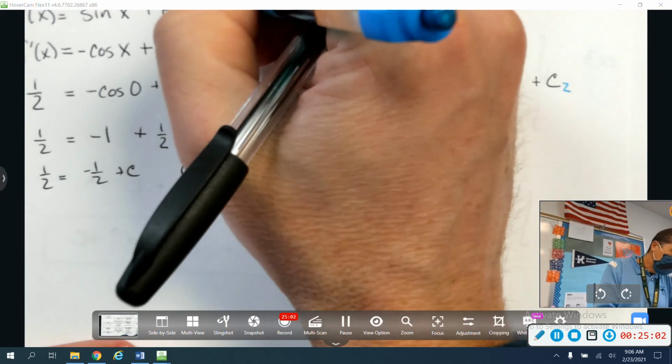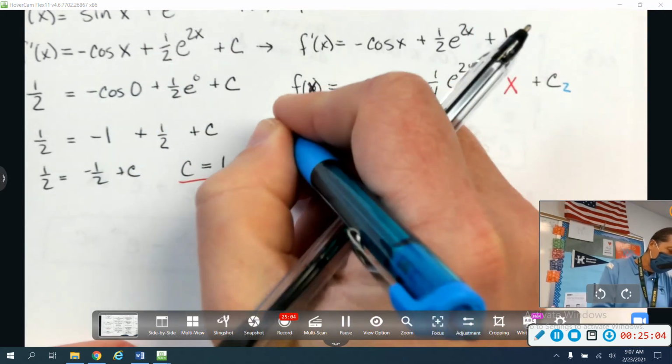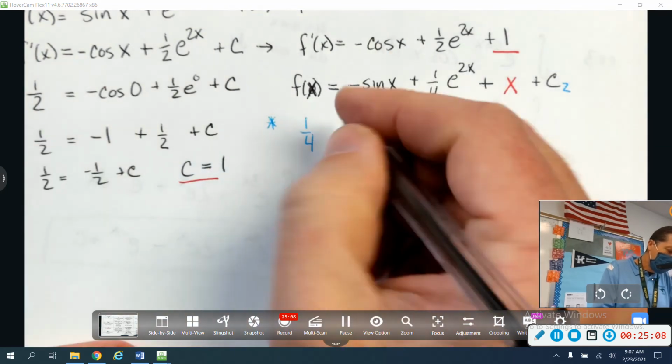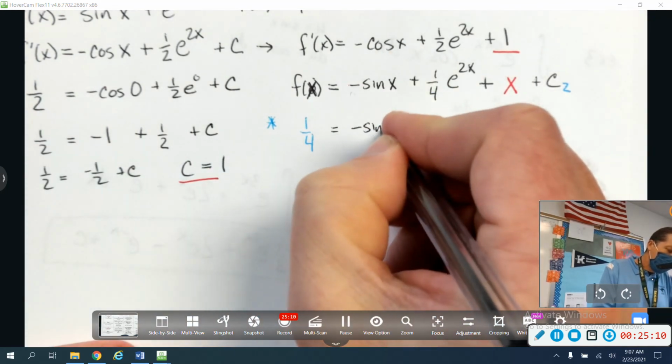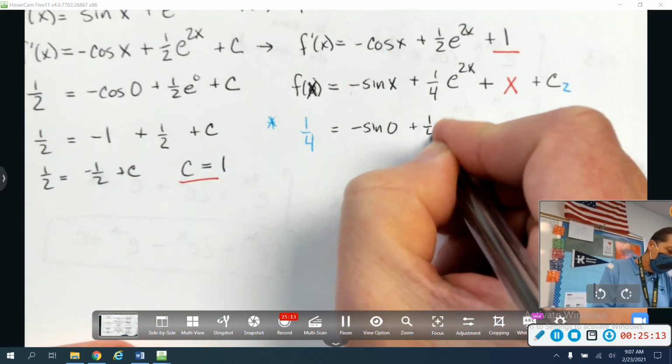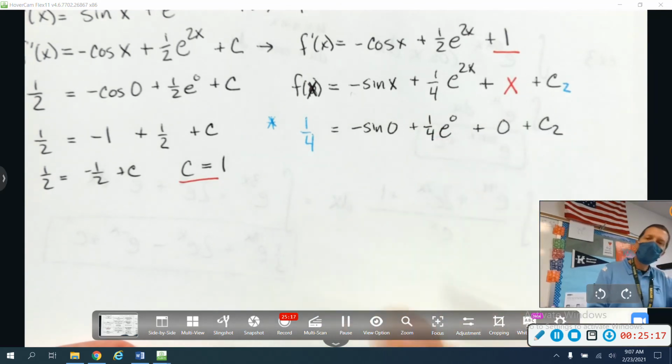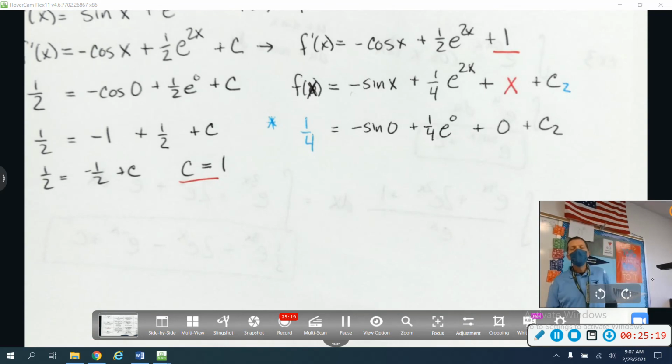Now I want to use this piece of information. F of 0 is 1/4. Sine of 0 is 0. E to the 0 is 1.